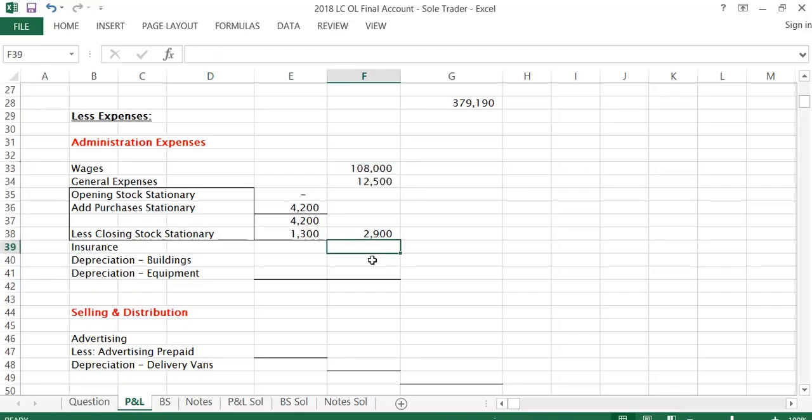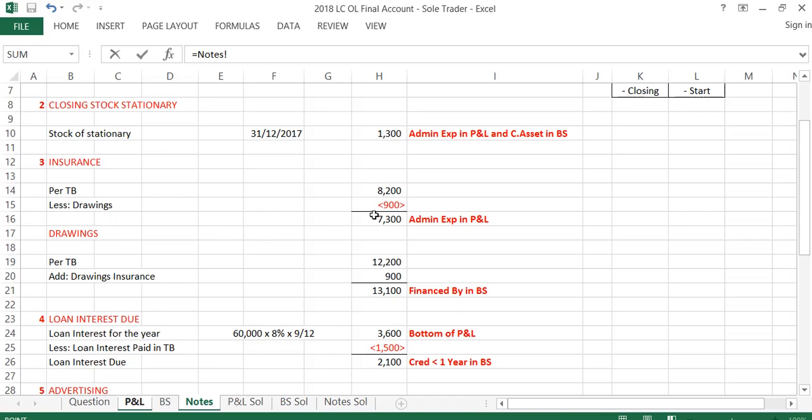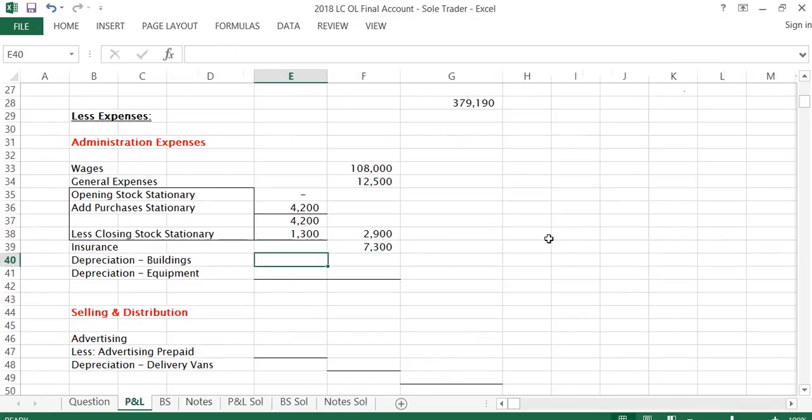Now, insurance is the next figure we're going to look at. And again, we did a note on insurance. So if I go back to my notes, some of the insurance is prepaid. So the insurance for this year is 7,300. After it wasn't prepaid, it was the drawings. So after we took away the drawings, insurance was 7,300. And the depreciation of buildings and depreciation of equipment we've worked out in the notes.